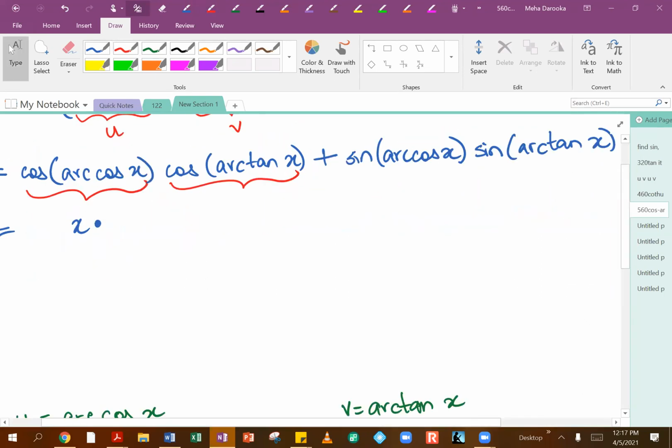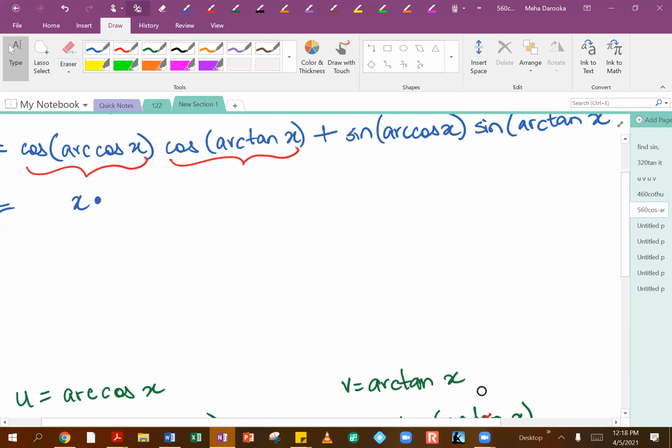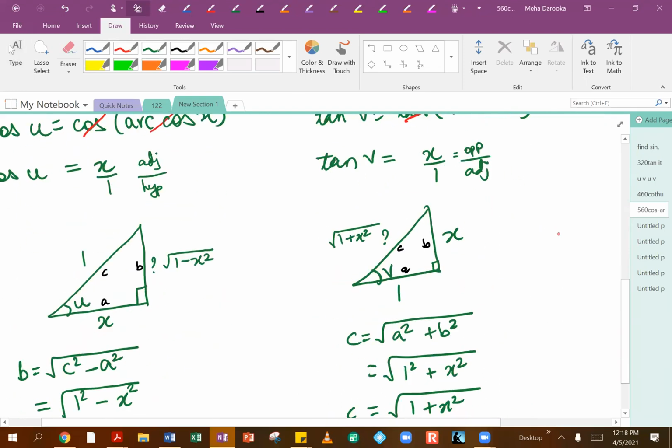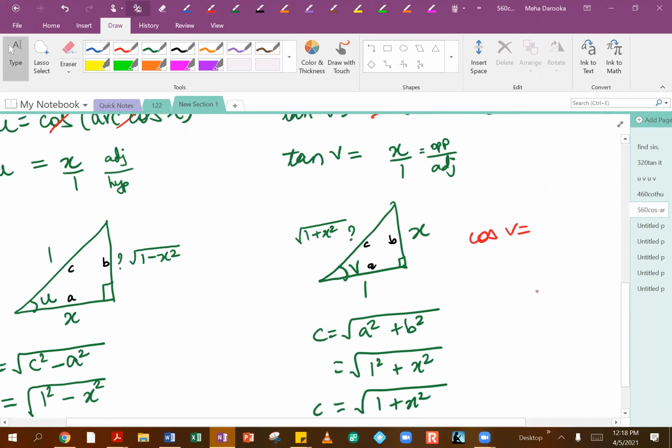So you need to go to the angle V triangle and find the cosine function. So you're going down to this arc tangent of x over here and finding the cosine. So when you try to find the cosine for this angle over here, what will you end up getting for the second triangle?